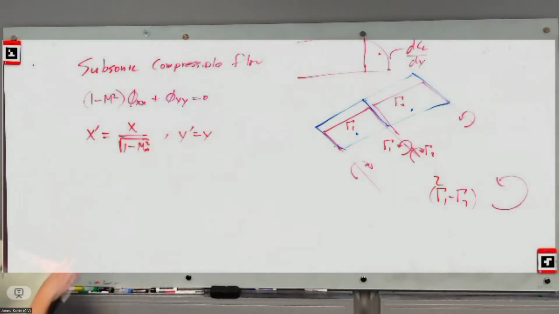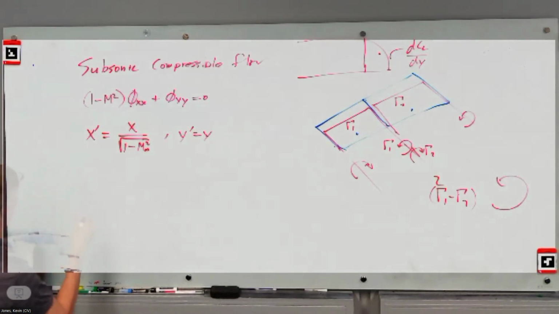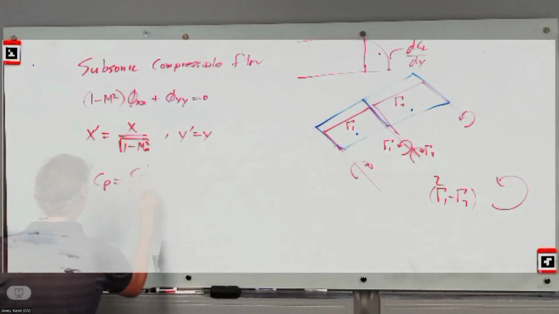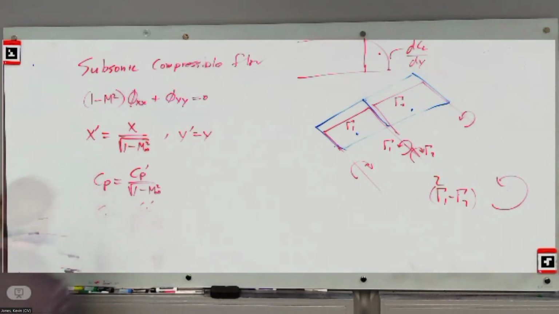And further, if you go through all of the math that we did for everything else, you'll find that you can use this transformation to just modify the coefficients that we get. So Cp equals Cp prime over root 1 minus M infinity squared, L equals L prime over root 1 minus M infinity squared, and so forth.